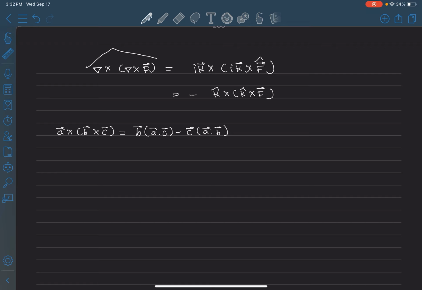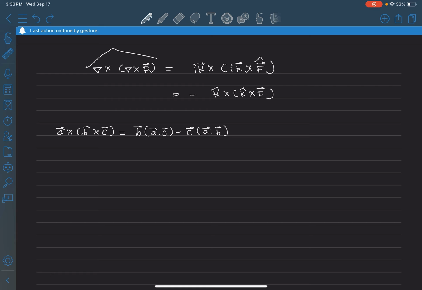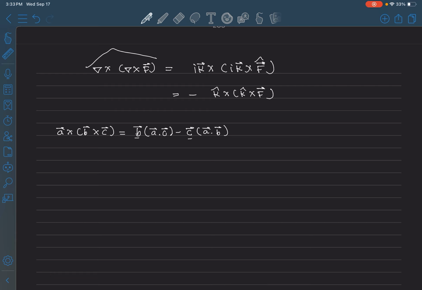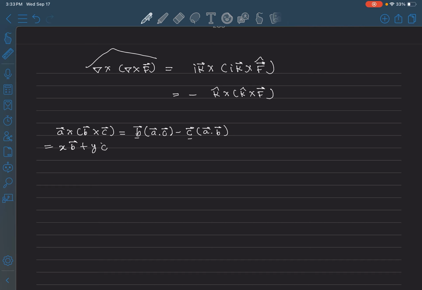The reason it makes sense is that the final result should be perpendicular to a, so it will be spanned by b and c, and it cannot be along a. You can actually prove this using that idea: since the whole thing is perpendicular to a, you can write it as some x times b vector plus some y times c vector, and try to solve for x and y. That's how you can derive this formula.